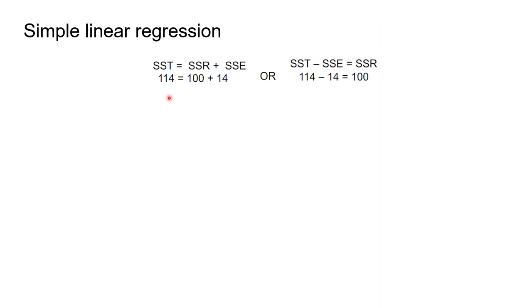So we want to maximize the sum squared regression because that tells us how much of the data we are explaining. And we want to minimize the sum squared errors. And in our example, we are explaining 100 out of 114.